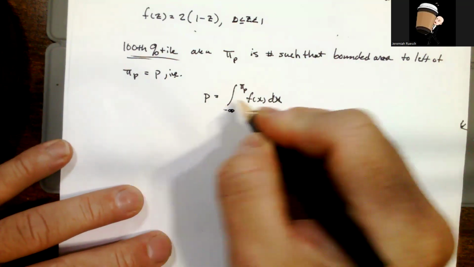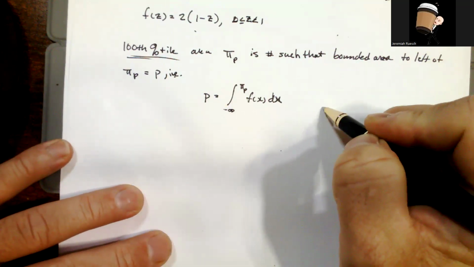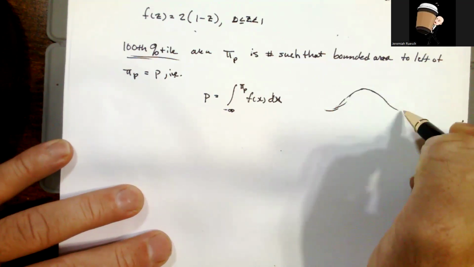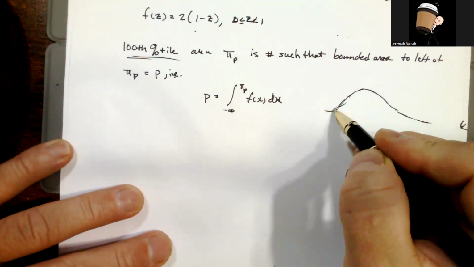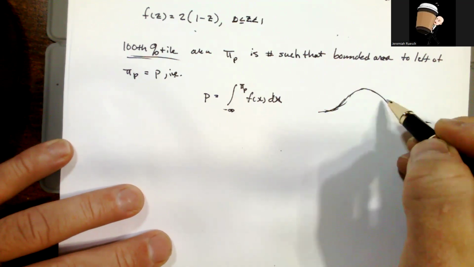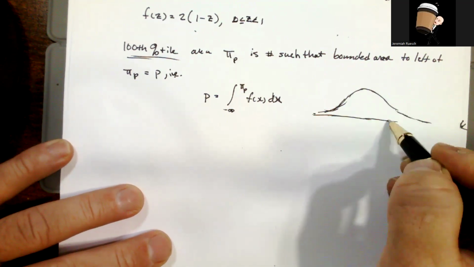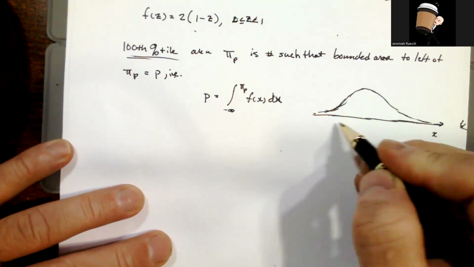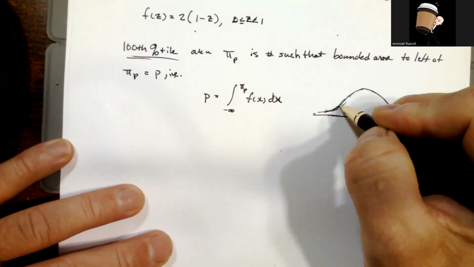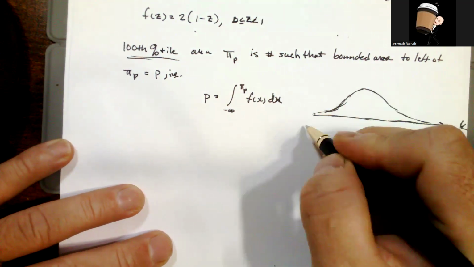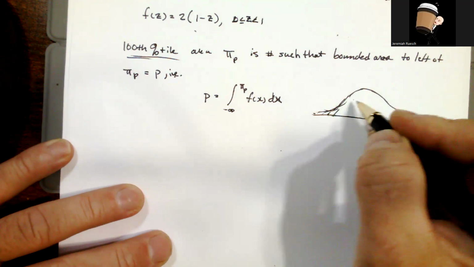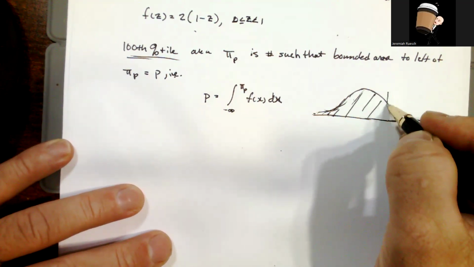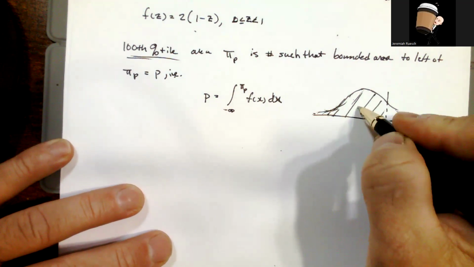Okay, so I'm going to draw a generic bell-shaped curve looking PDF. This is not our PDF, but just to give you a sense. So imagine that this is our PDF, and our x-axis runs along the horizontal here. The integral from negative infinity, so all this shaded region, to whatever value you're looking for, let's say this part right here.